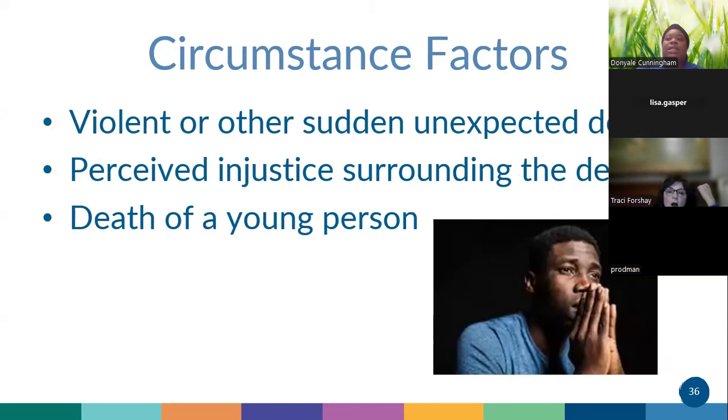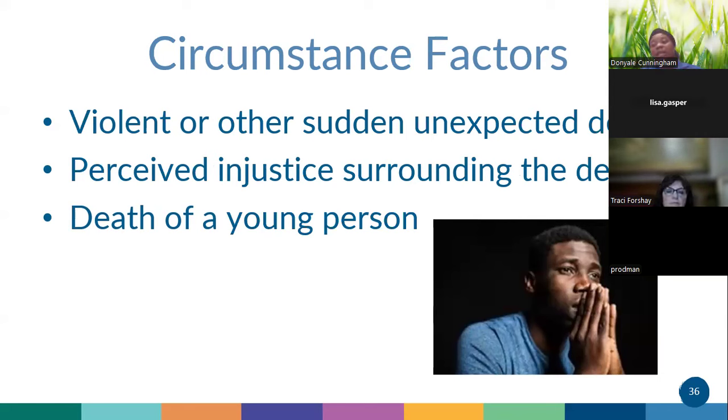Now looking at circumstance factors. Violent or other sudden unexpected death: this is death that occurs rapidly and without warning, often due to traumatic or forceful causes like accidents, homicides, suicides, or certain medical conditions that can lead to sudden cardiac arrest, leaving little or no time for any intervention.